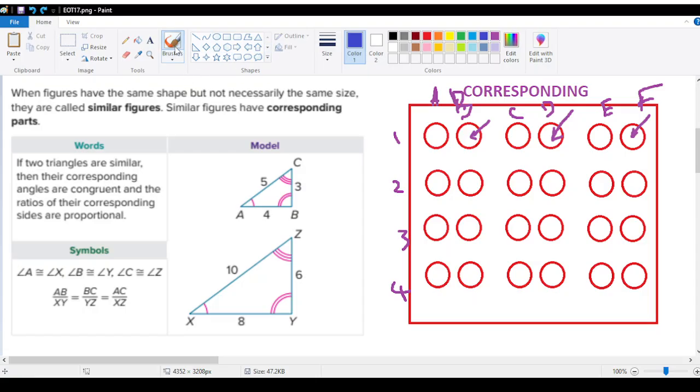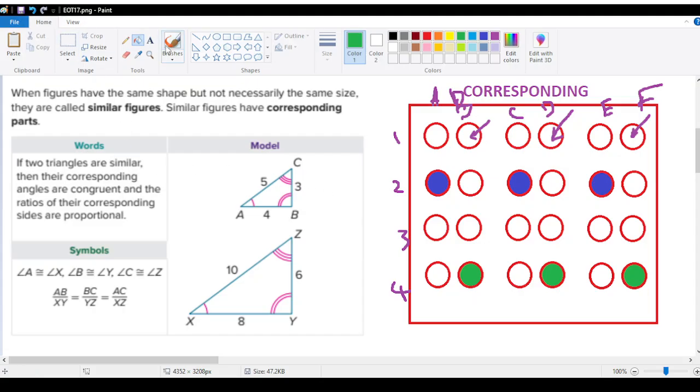For example, if I pick 2C, you're going to pick 2E, and what from this group? 2A. Now, one more time. Let's say I pick this one, 4B. Then 4D and 4F. So this is the meaning of corresponding.